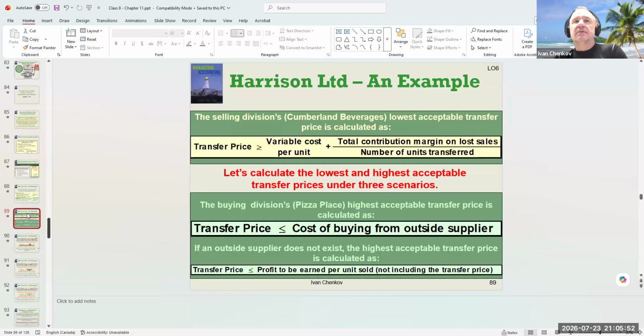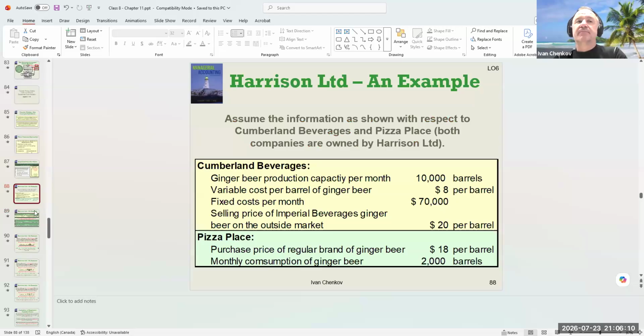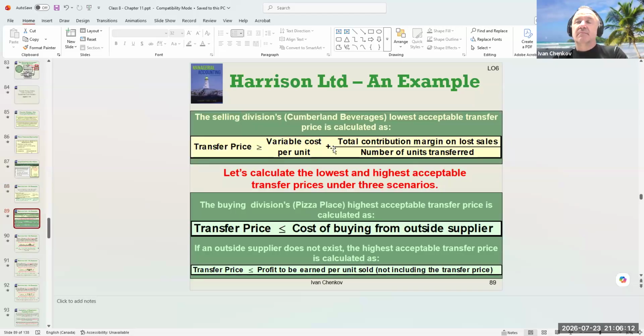Let's see the rules for transfer pricing. We have to set up the minimum and the maximum. The lowest acceptable transfer price will be the variable cost for the producing division, which is $8, plus, if they're losing contribution margin, we have to account for that contribution margin, divided by the total number of units transferred.